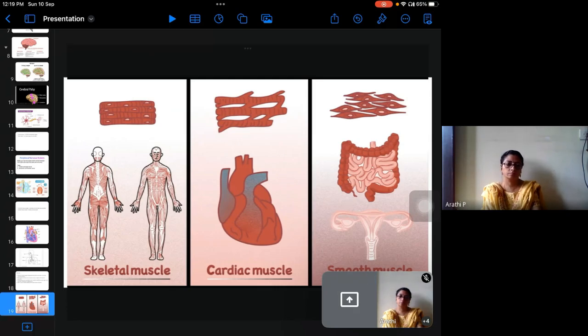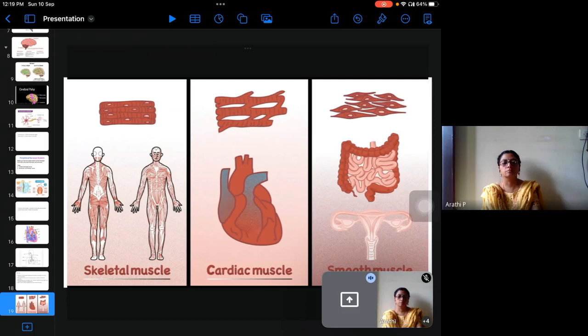That's all. Now the difference in their constitution is this. Skeletal muscles are very straight. They are stacked one on top of the other because their function is basically only to stretch. So they are just stacked one on top of the other. That is skeletal muscle.